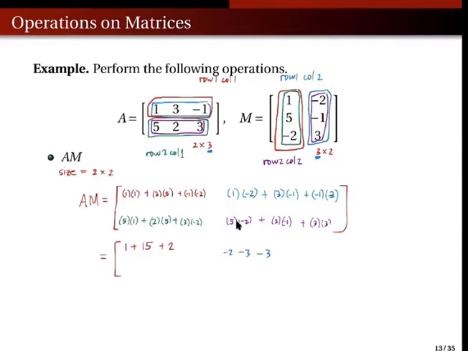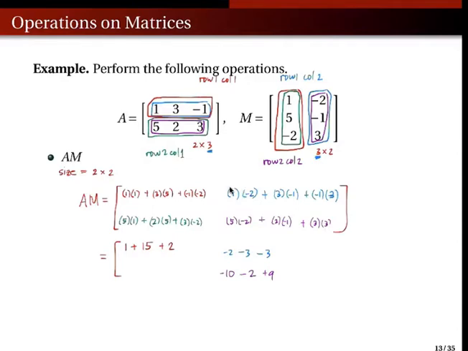And then let us look at this guy here. You have 5 times negative 2, that's negative 10. 2 times negative 1, that's minus 2. 3 times 3, that's plus 9.